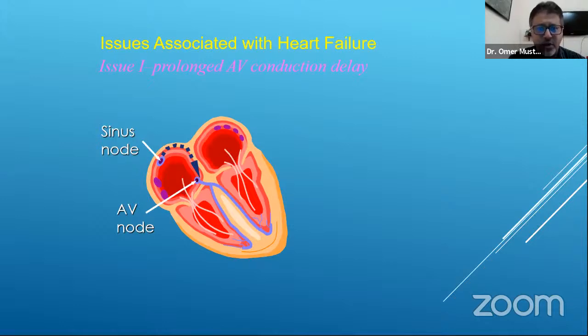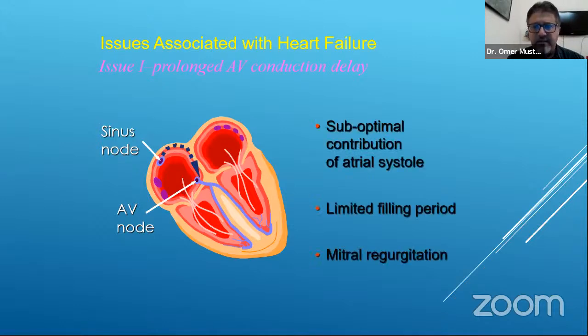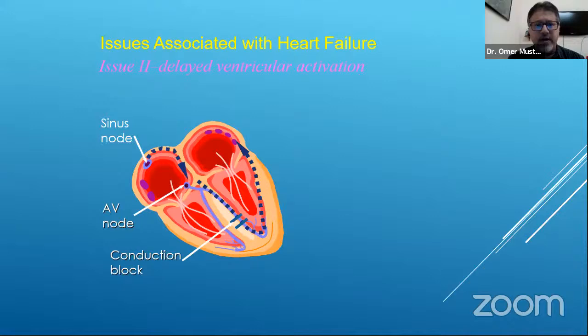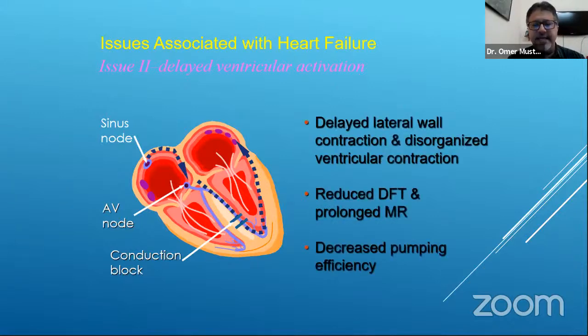There is a prolonged AV conduction delay, which causes suboptimal atrial systole, limited filling period, and increases mitral regurgitation. Also, delayed ventricular activation, what does it do? It delays the lateral wall contraction and causes disorganized ventricular contractions, decreases the diastolic filling time, prolongs MR and decreases the pumping efficiency. So with a wider QRS, all these problems come up.